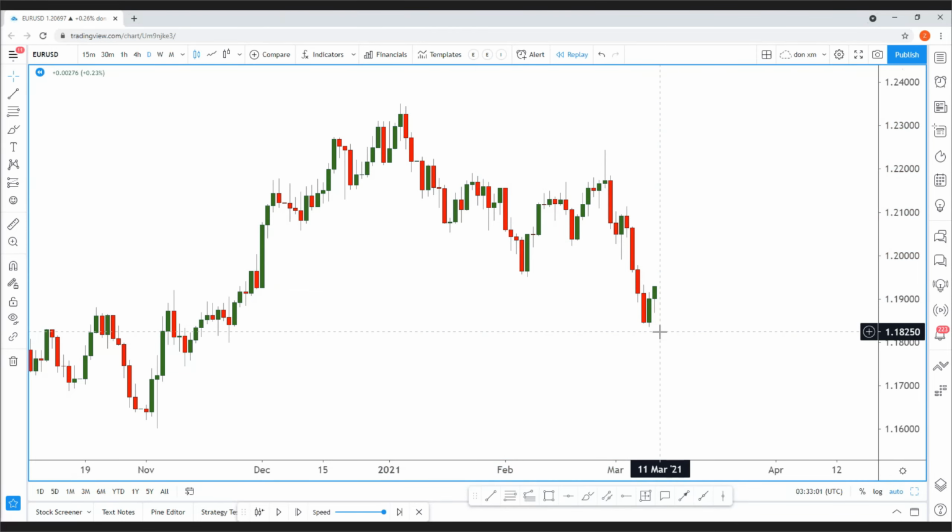I like to use my extensions from 61.8% and above. 61.8%, 78.6%, and 100% are extensions that I've come to realize are pretty strong levels to look at. Lots of people are looking at them. But you can also use extensions above that, 127.2 and 161.8. Just remember to backtest it and make sure the strategy works for you, but these are all valid levels to look at.